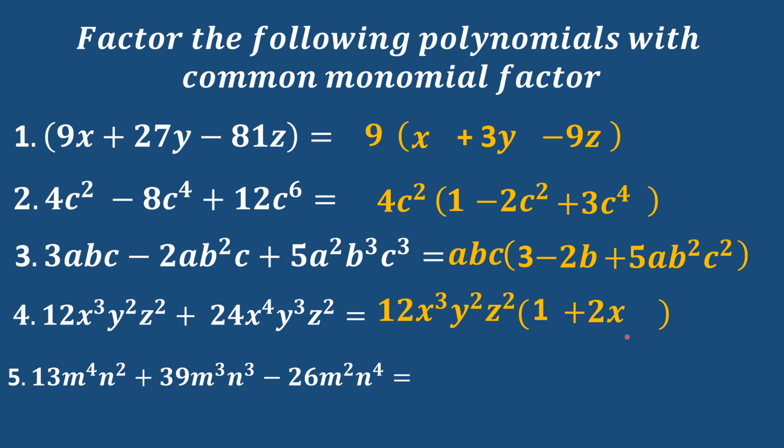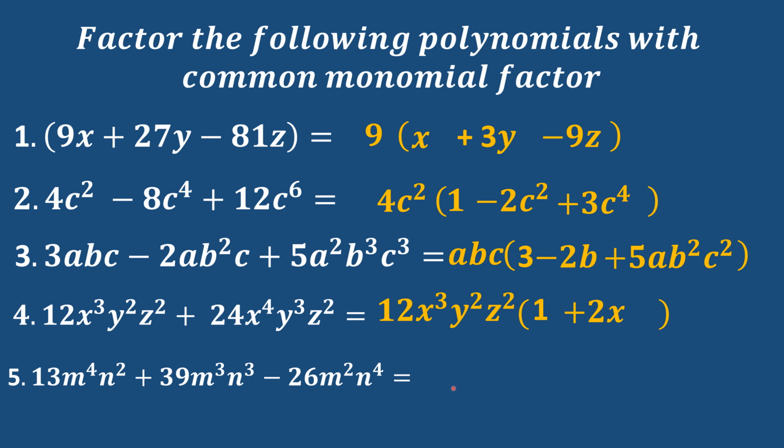Why 2x? Because 24 divided by 12 is already 2, and then x to the 4 divided by x cubed will give us x, while the z squared divided by itself will give us a 1. So therefore, our factors of our given are 12x cubed y squared z squared times the quantity 1 plus 2x.